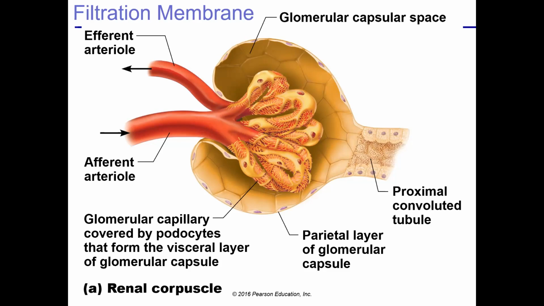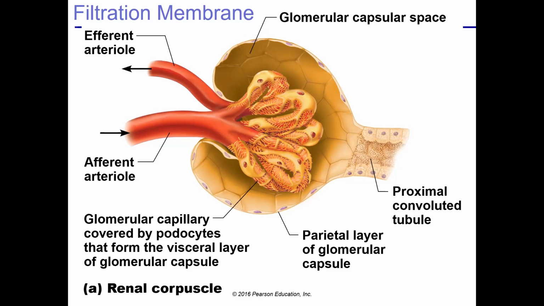The 80% of blood that didn't get filtered on that particular pass is recovered in the efferent arteriole, but the pressure is much, much lower now. And again, the efferent is a smaller diameter. Afferent's a larger diameter. So we raise the pressure, but we slow the rate of flow through the kidneys. This is pretty important too.